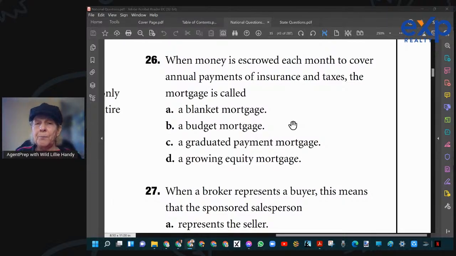When a buyer purchases a home and puts down 20%, they have 20% equity. At that point, that lender doesn't require an escrow account. It'll put the responsibility on the borrower to pay the taxes and the insurance. So now we've got to create a budget for it. We've got to have a little savings account to have that money when the taxes and insurance are due. That's why they refer to it as a budget account or a budget mortgage.